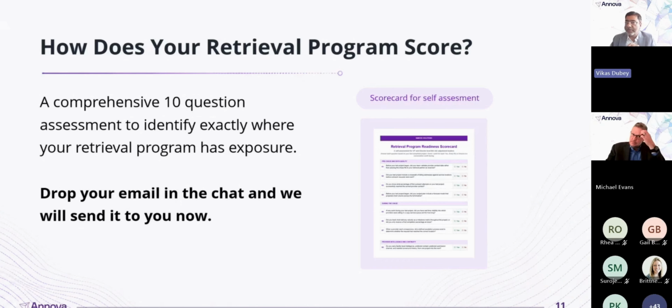Feel free to score yourself. The idea is not to find out gaps; the idea is to give you specific information on where you are. And if you feel the need to talk to us, we'll be more than happy to get on a call with you. But I would really request you to send your email so that we can email this questionnaire to you. Next slide, Ashu.